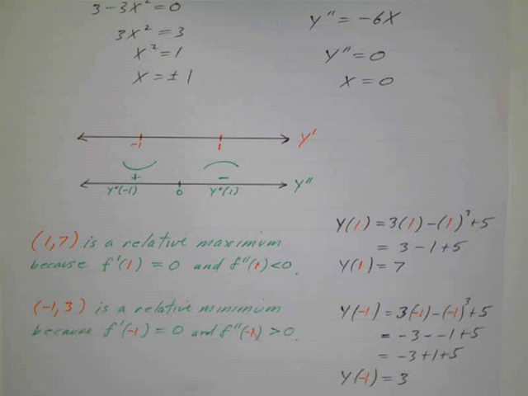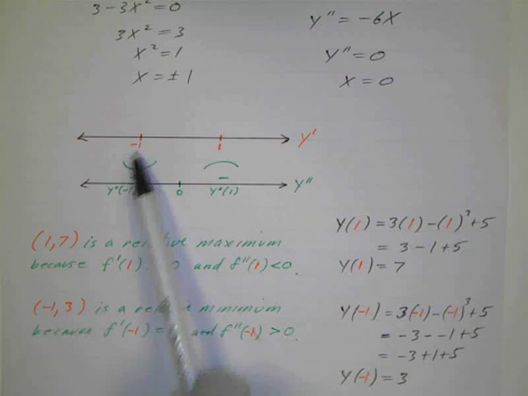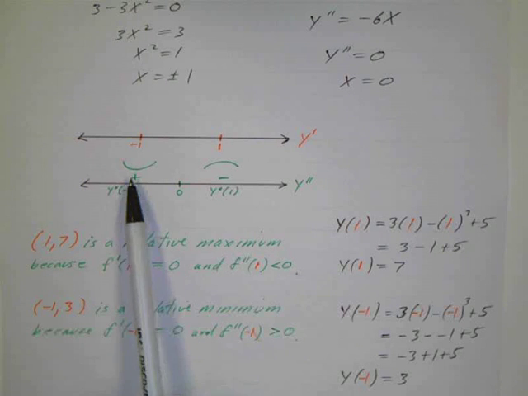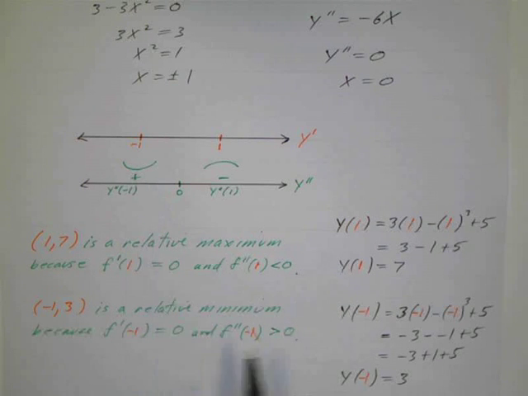And in the same respect, I can say that (negative 1, 3) is a relative minimum because, again, f prime of negative 1 equals 0. And in this case, f double prime of negative 1 is greater than 0.